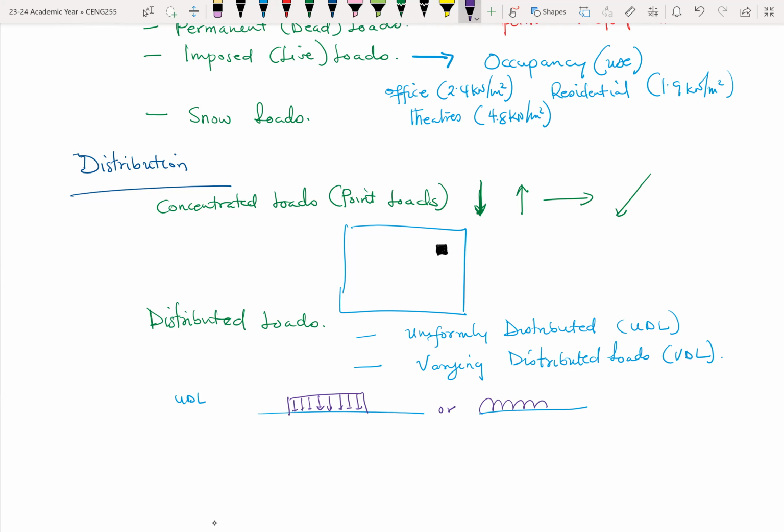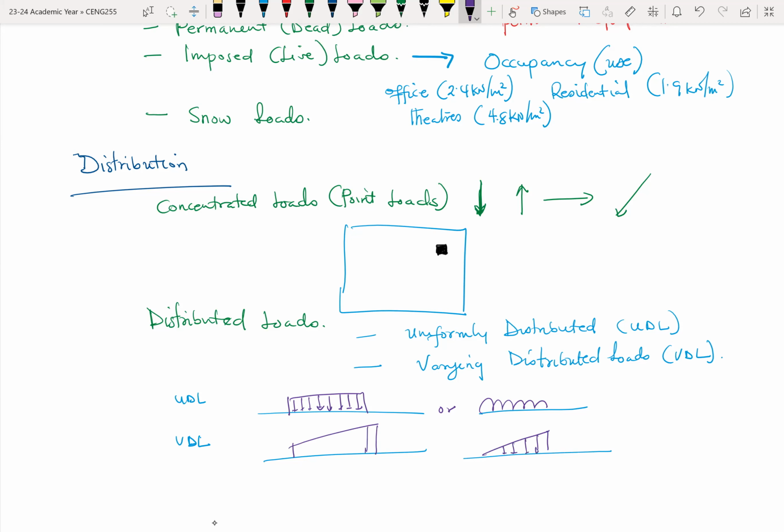We also have, so for the VDLs, they are more or less, so the load will vary from one place to the other. So it could be trapezoidal in shape, or it could be triangular in shape. So triangular and trapezoidal, depends.